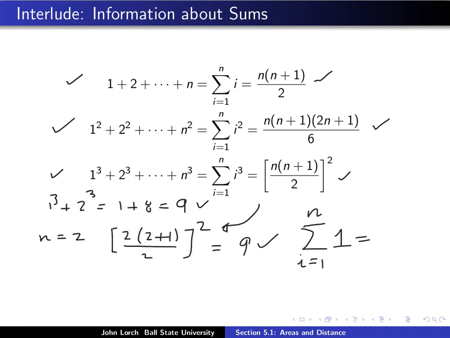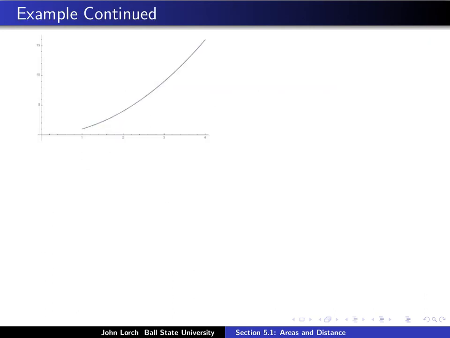Well, if you've got n 1s, that's just the same as having n. Okay, so that formula also is useful going forward, and in fact we're going to use that formula in addition to some of these others to finish out the example that we had started on the previous slide.